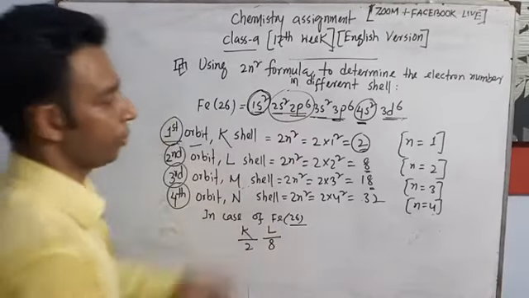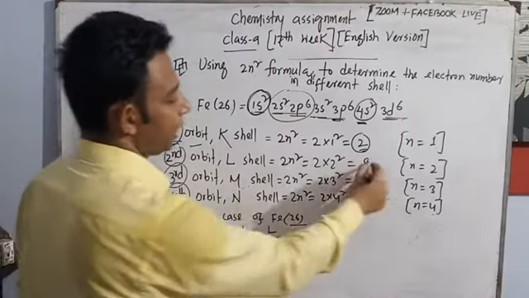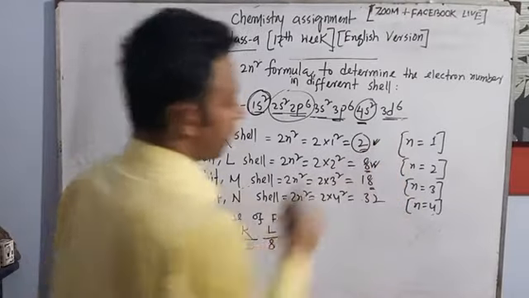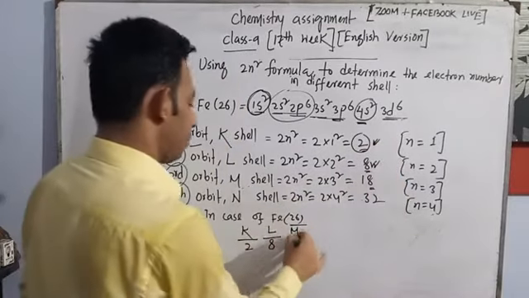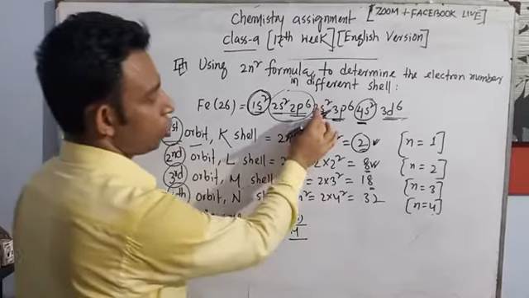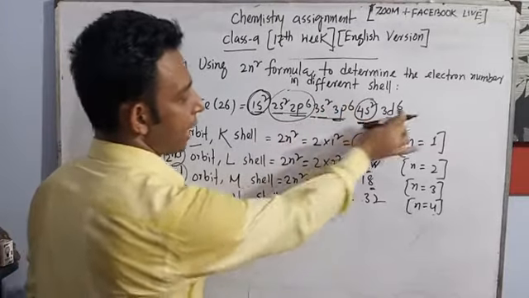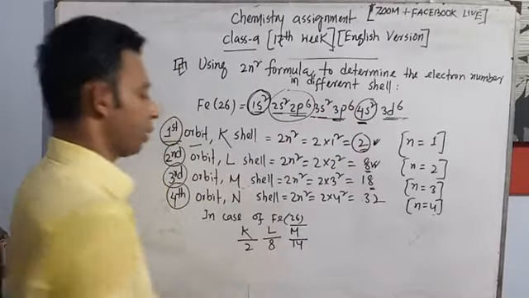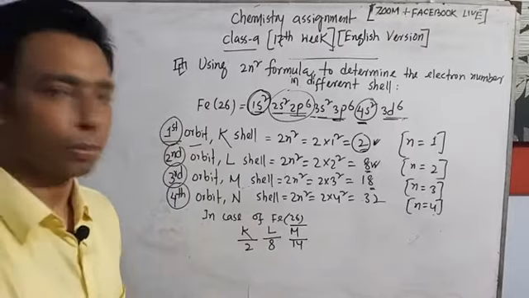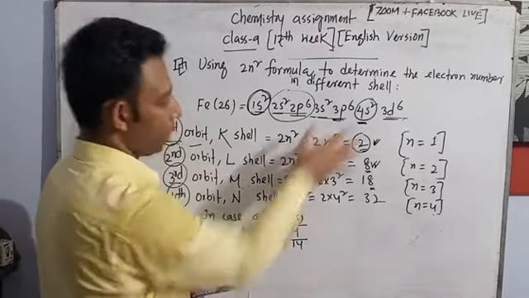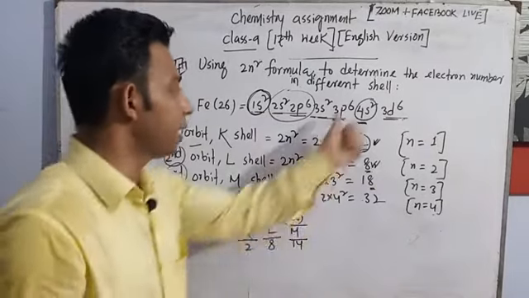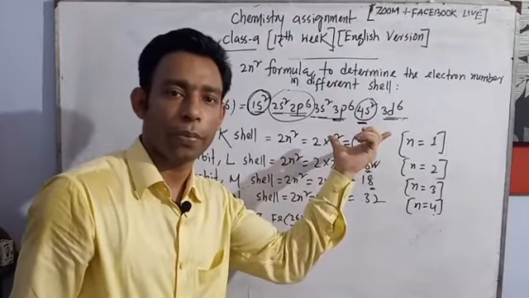Third shell, and here also the 2 and 8 is matching. M shell, number of electrons 2, 6 and 2, 8 and 6, 14. So 14 electrons in the M shell.